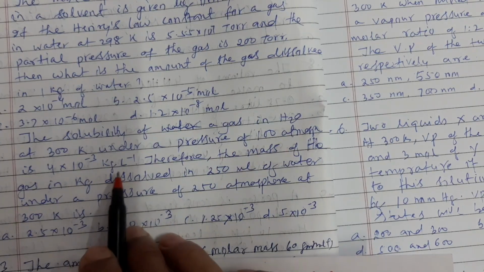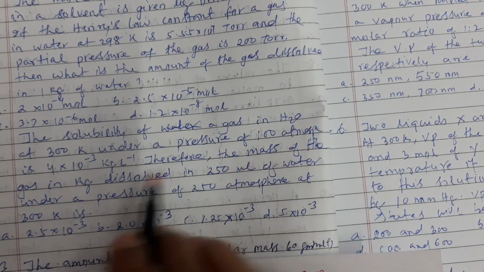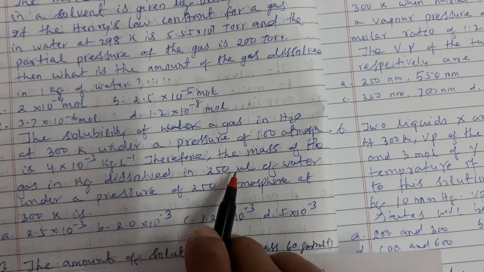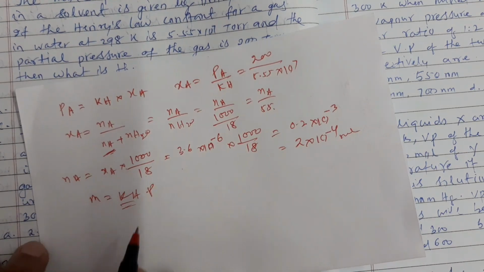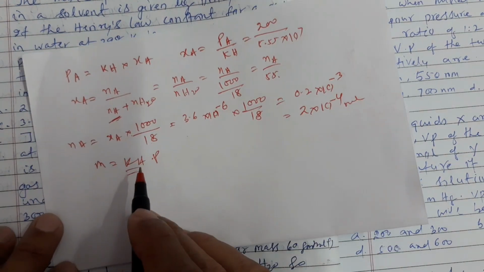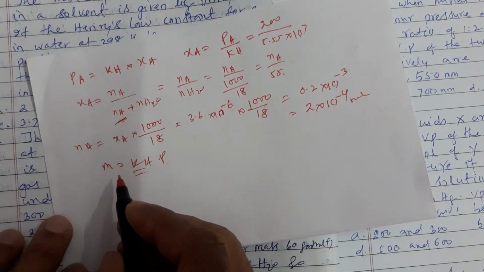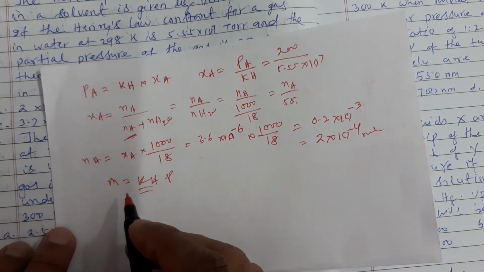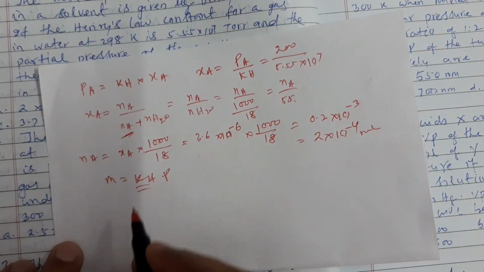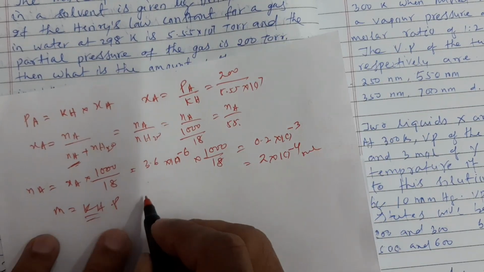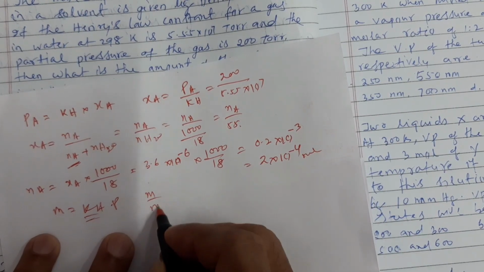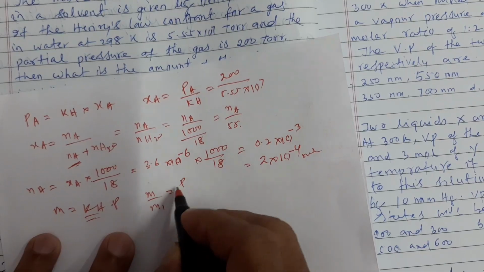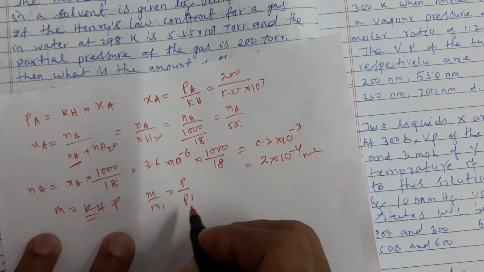So for two different pressures at constant temperature, you will take M by M dash is equal to P by P dash.